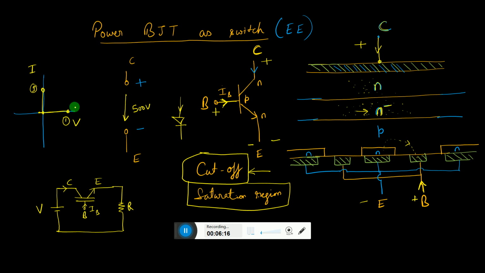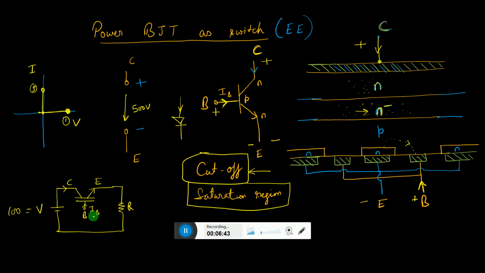So considering the IV characteristics, now if we have high voltage on the collector, like we give a forward voltage of, let us say, 100 volts, then if the base current is not there, this is an off state, so we can have 100 volts and zero current.